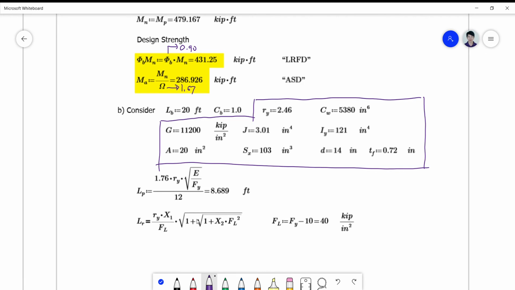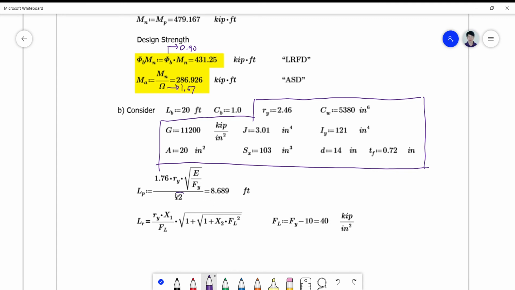Also your X1 and X2 are included in the table, but for this particular reference that I use, LP and LR may be readily computed using a formula which is equivalent to this.